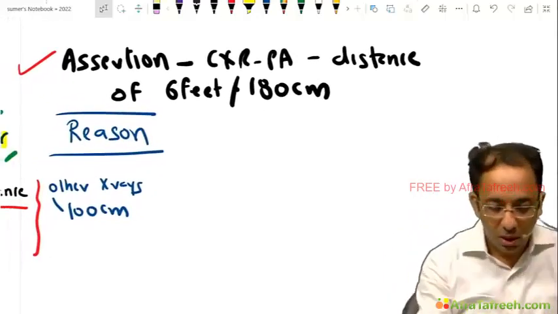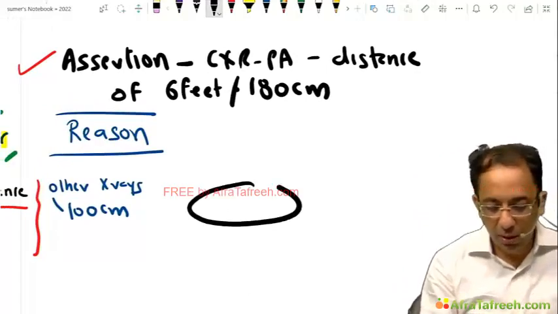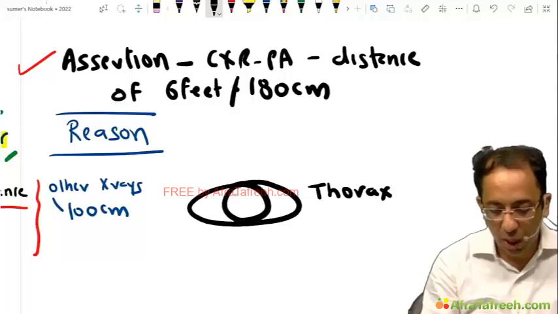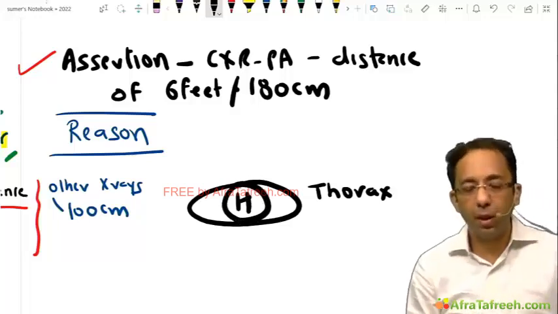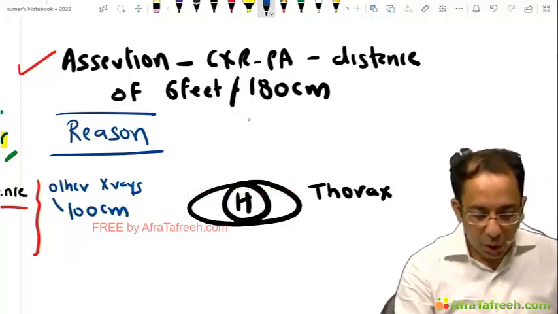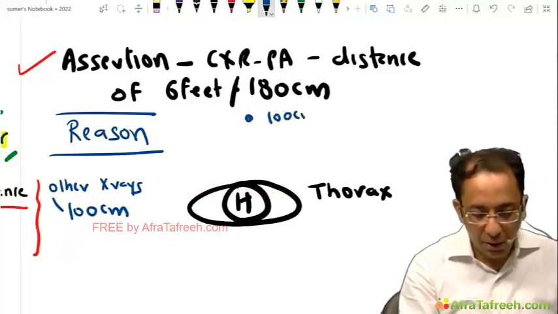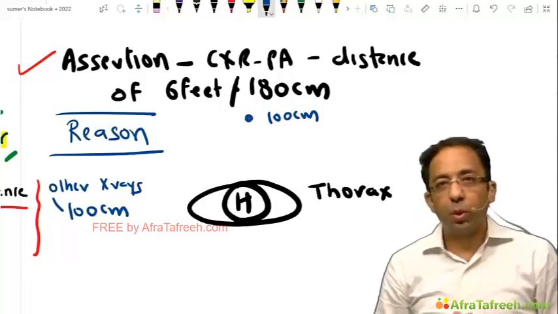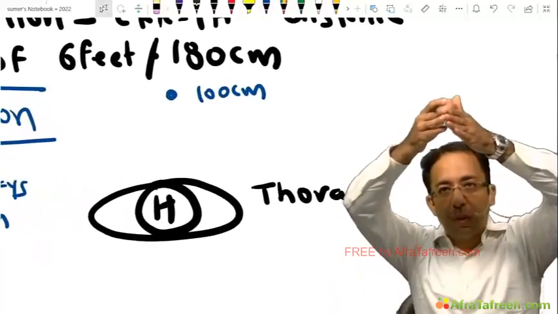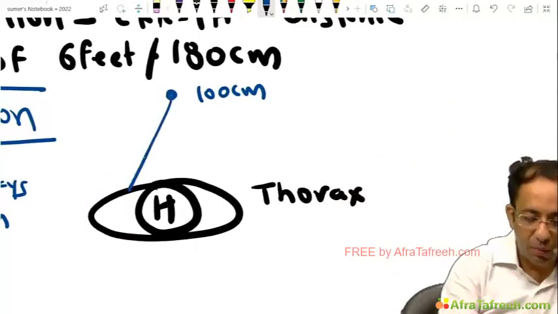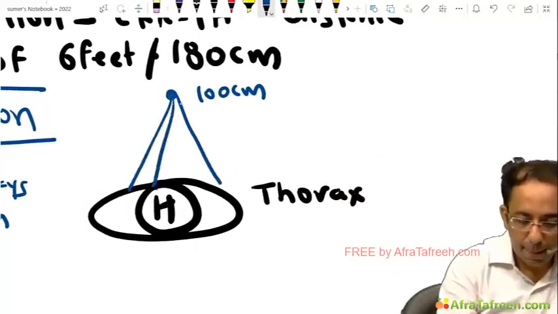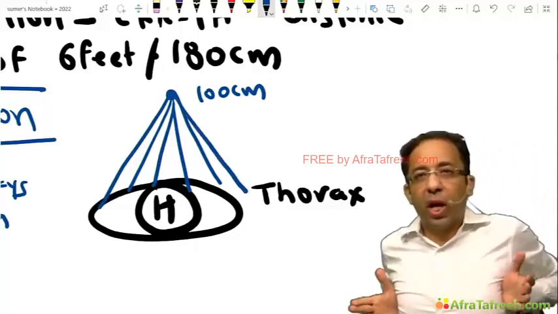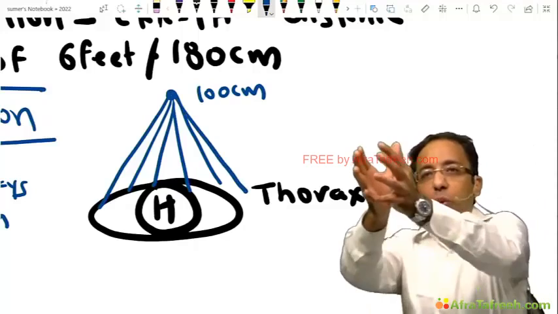Now see, suppose this is your thorax. Suppose this is your thoracic cavity and this is your heart in the center. Suppose this is your source of X-rays at 100 centimeter. Listen to me all of you, if I am sending my X-rays from 100 centimeter, these rays will diverge because our thorax is much larger than the source.